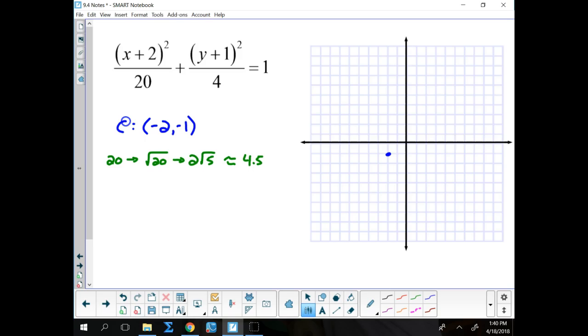Yes? So 1, 2, 3, 4.5. 2, 3, 4.5. Up and down. 2. So, vertices.